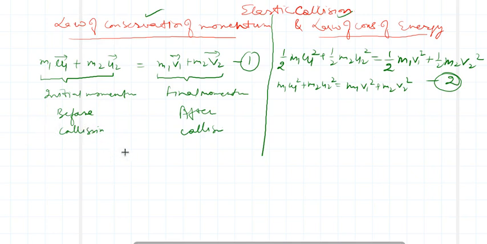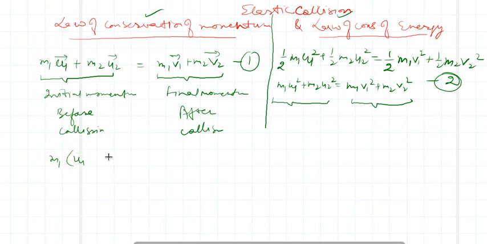So let us rewrite these equations. This is before collision and this is after collision. Let me rewrite equation 1: bringing terms to the other side, it is m1 times u1 minus v1.